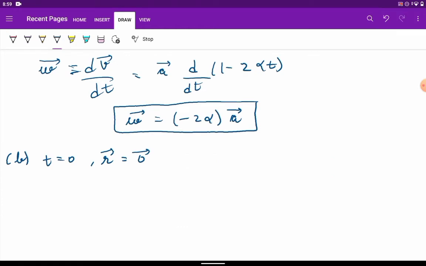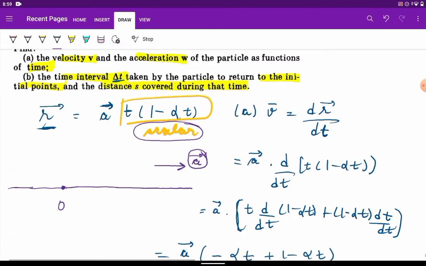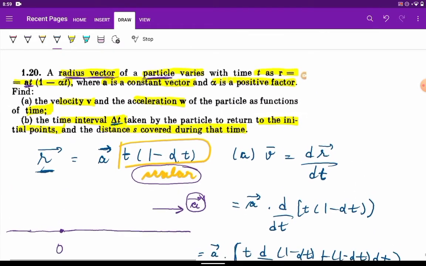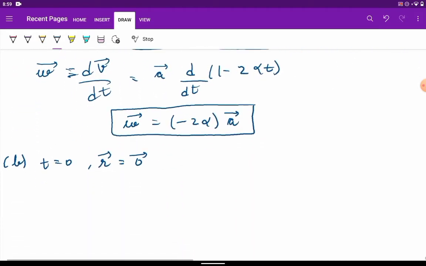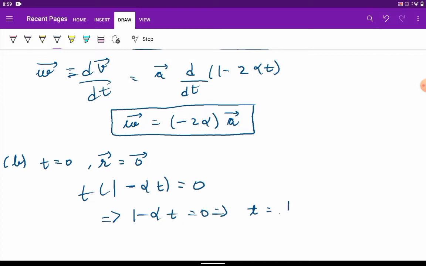So we need to find out after what time it again comes back to r equal to 0. So when can r be equal to 0? Whenever this scalar t into (1 minus alpha t) is equal to 0. So t equal to 0 is already a solution. So it will be 1 minus alpha t equal to 0. This means at t equal to 1 by alpha, it returns to the initial position.